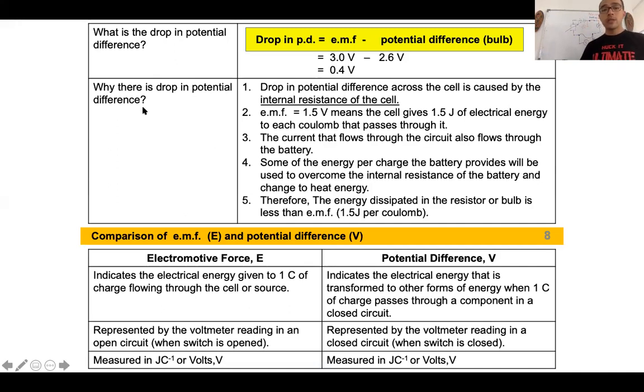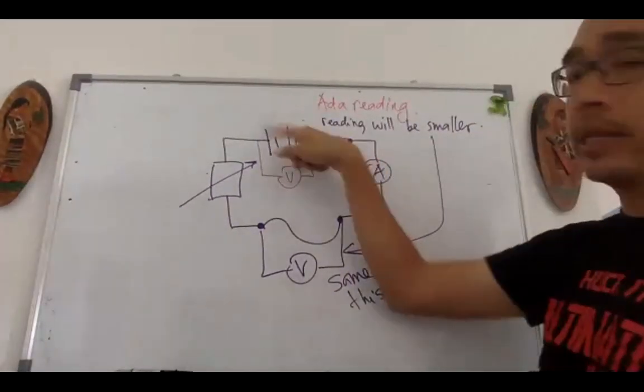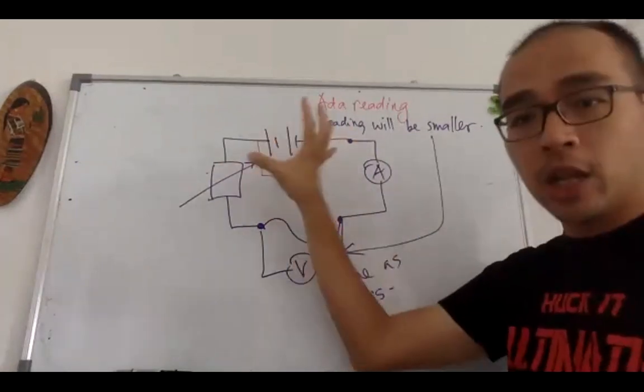So the question is, why is there a drop in potential difference? This is where we are introduced to something new. The drop in potential difference across the cell is caused by the internal resistance of the cell itself. I just want to show you that. Let's say we take this battery and zoom in a lot more.